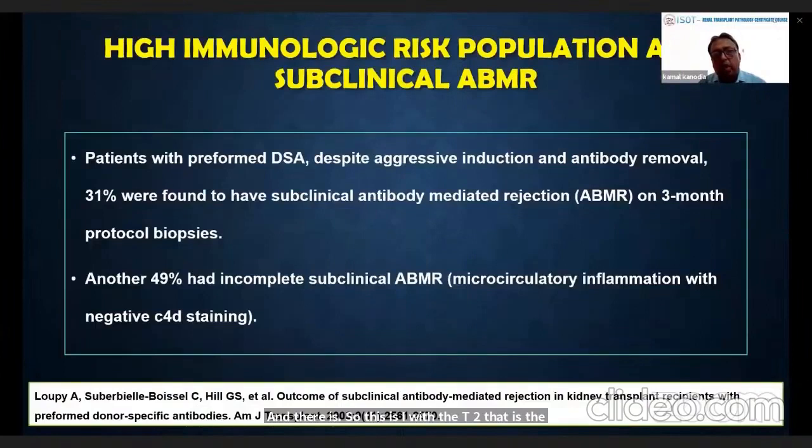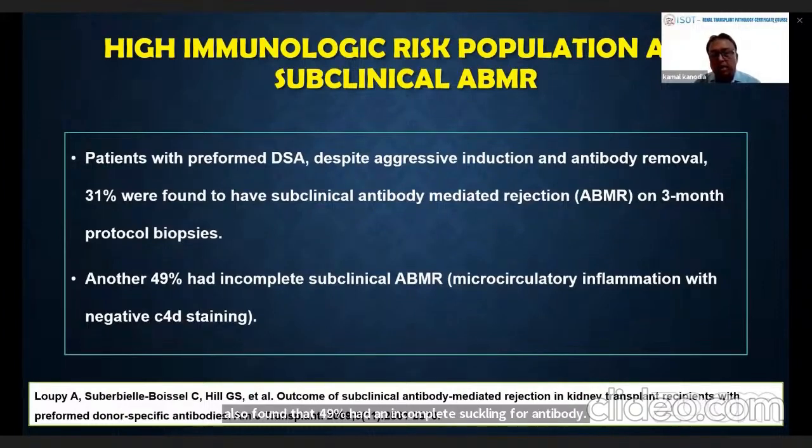Now coming to the subclinical antibody mediated rejection. In patients with preformed donor-specific antibodies, despite aggressive induction and antibody removal, 31% were found to have subclinical antibody mediated rejection on 3-month protocol biopsies. This was a study done by Loupy et al. And they also found that 49% had incomplete subclinical antibody mediated rejection, that is microcirculatory inflammation with negative C4d staining.